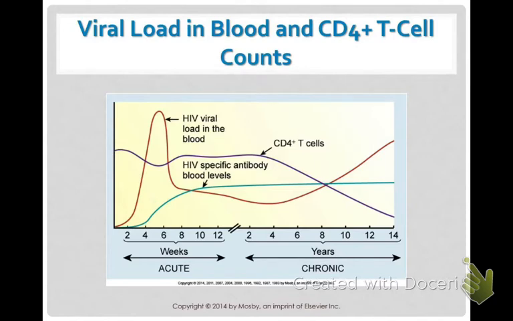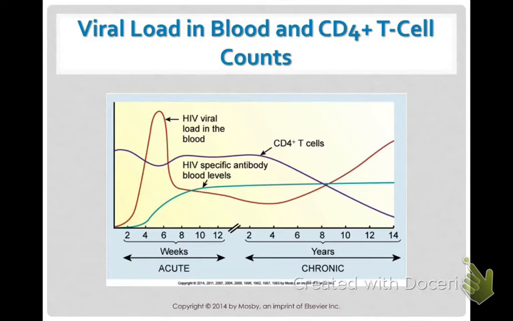And then as the infection goes on for years, in chronic infection, they'll go down. The CD4 T cells are usually very helpful in staging of the virus, because what are your helper cells, right? They're part of your white blood cells.